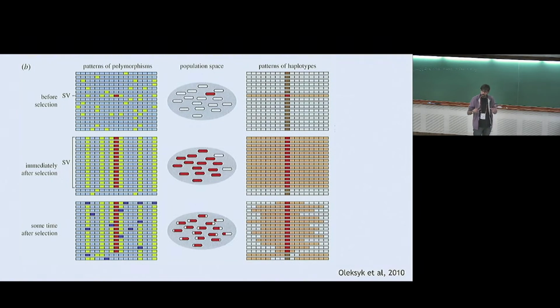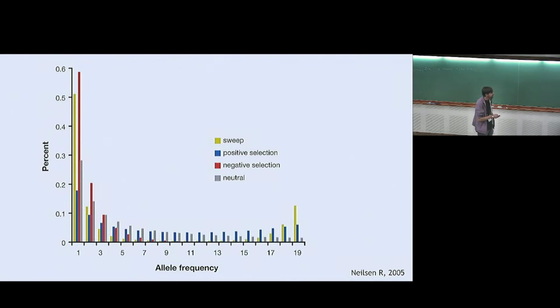And this erosion will change the site frequency spectrum in a very specific way. You will see an increase in rare alleles because all the common alleles are lost, and only those that have come up recently will survive. And so here in the gray, you see a neutral expectation. But after a sweep, you suddenly see all these rare alleles going up, and all the common alleles also going up.